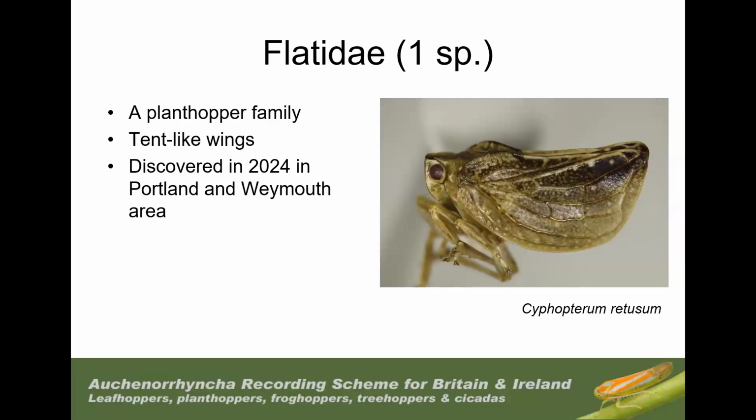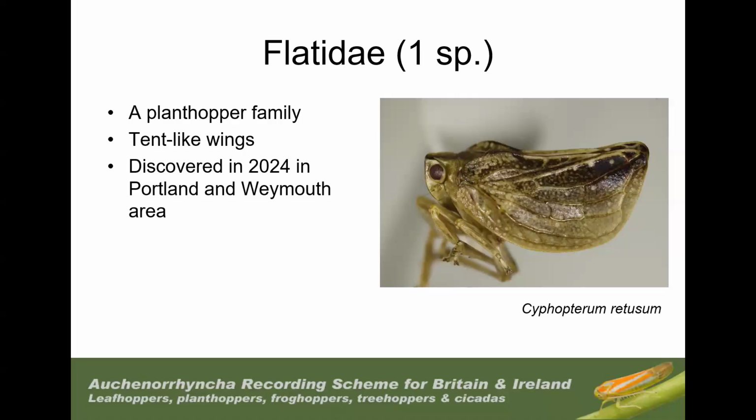by the warden at Portland Bird Observatory, who was running a light trap in the Bird Observatory garden, and found this particular plant hopper cropping up in his light trap really quite regularly. And it turns out, in fact, that it's relatively common in the garden of the Bird Observatory, and it's also been found in a couple of places in and around Weymouth, which is just inland from Portland.